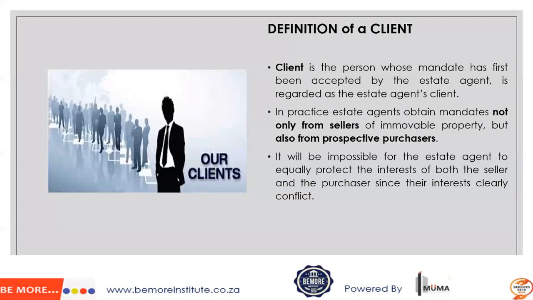So you have to have a mandate. In that mandate, we've got a snag list or a fault list, where you sit down with the seller, and we always say, let the seller complete it, because then it's in his handwriting, and it takes the onus from your shoulders.